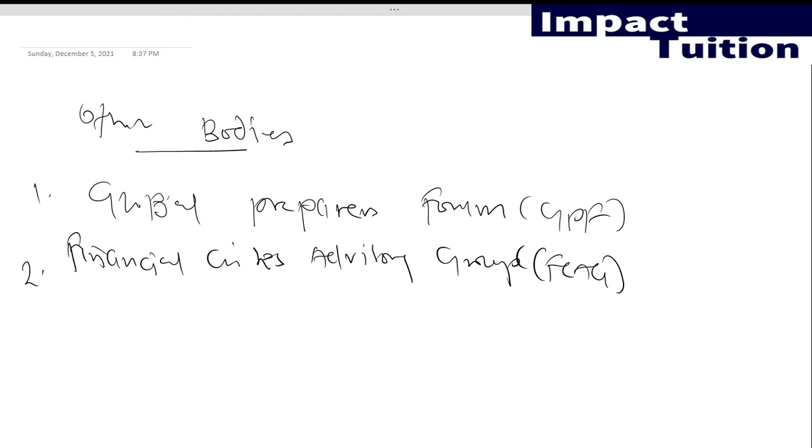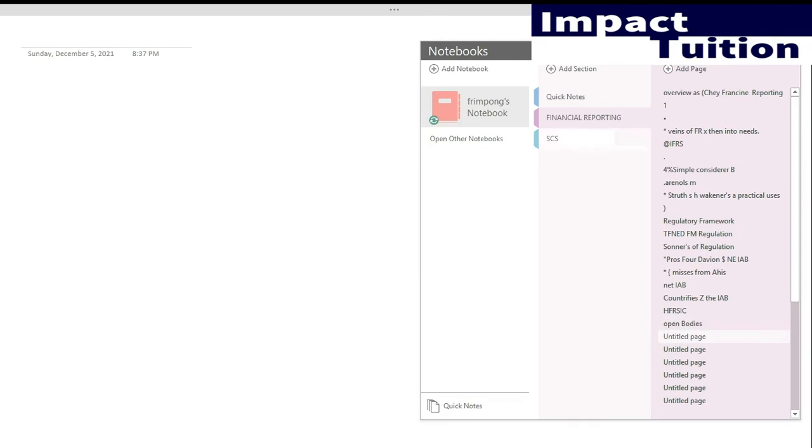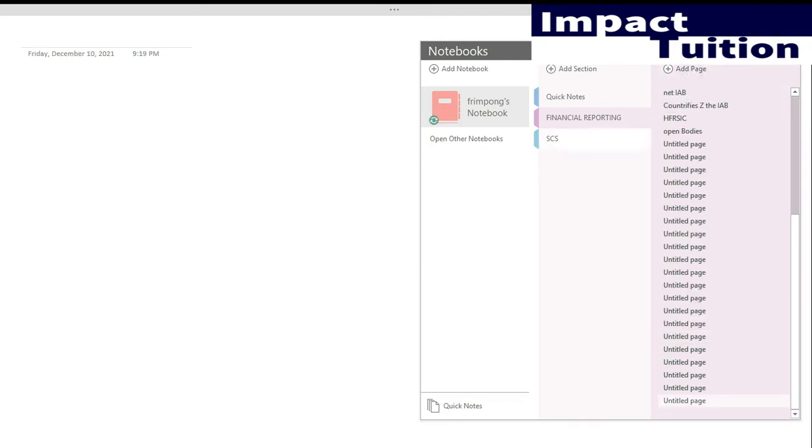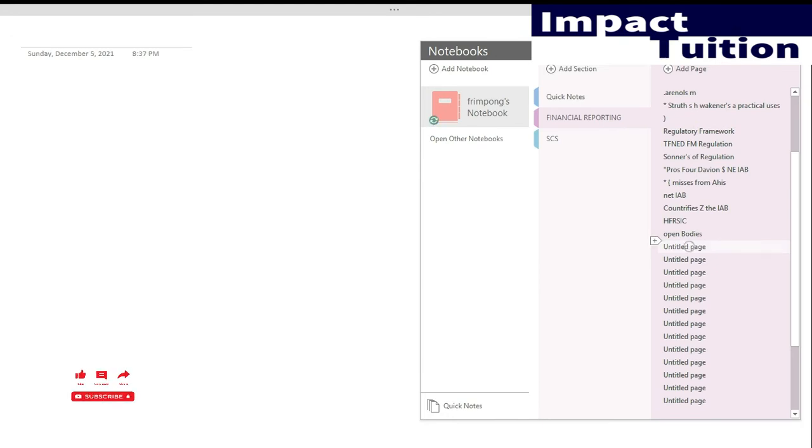Before an IFRS is published, or before an accounting standard is published, what processes are followed by the IASB before an IFRS or accounting standard is published?